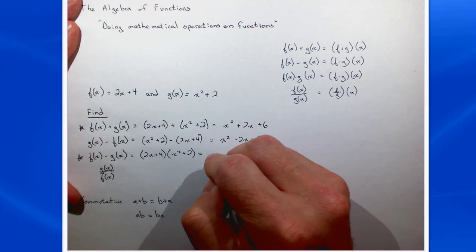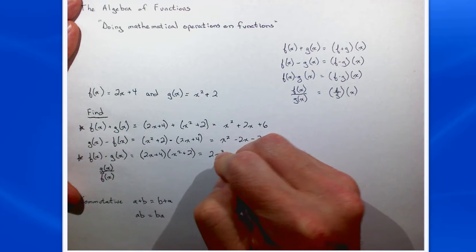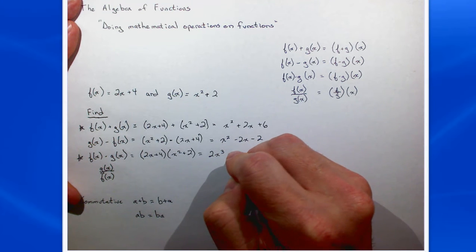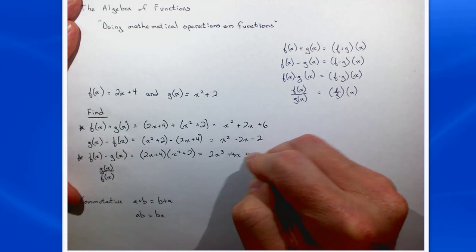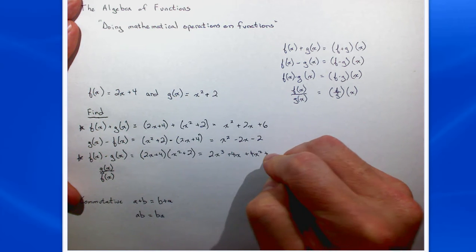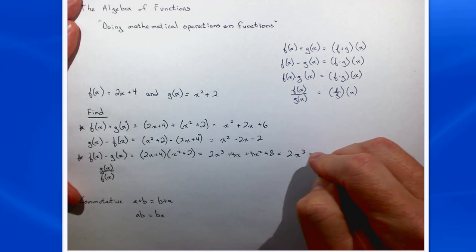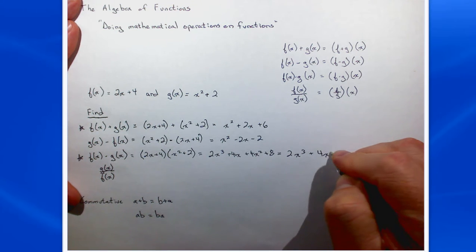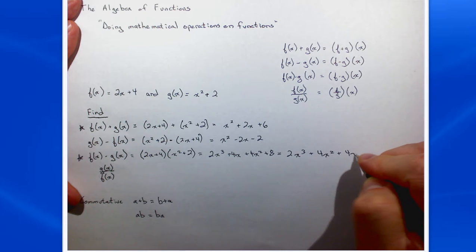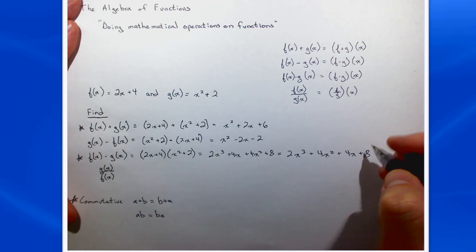And what this becomes, let's see, 2x cubed plus 4x plus 4x squared plus 8. So let me order it the right way: 2x cubed plus 4x squared plus 4x plus 8.